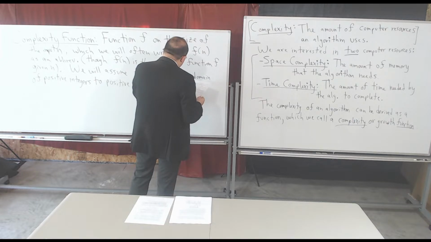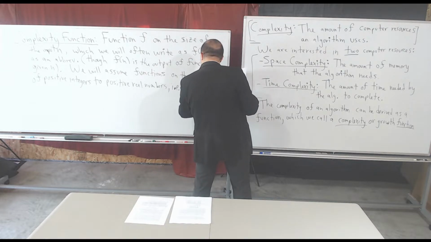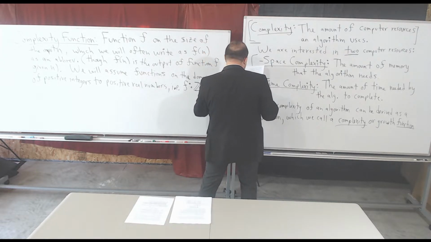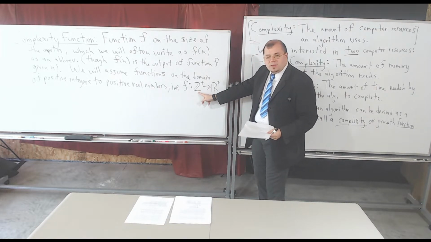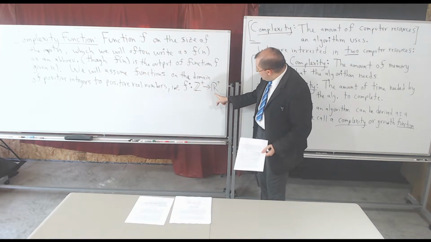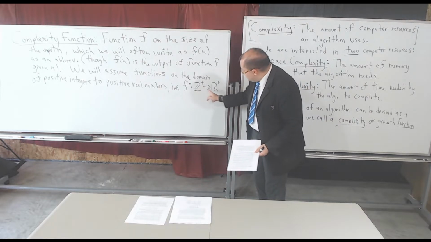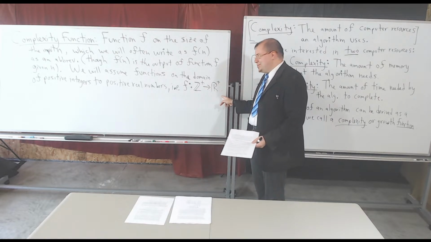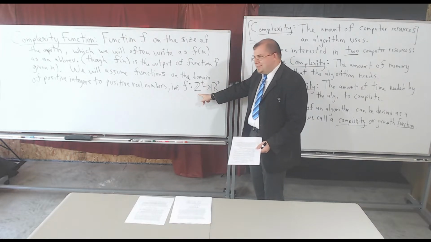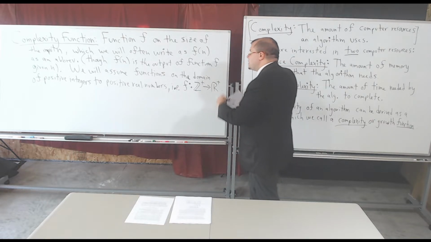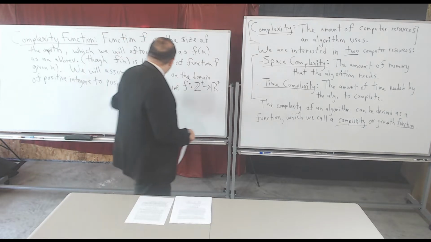More formally, I'm saying that function f takes positive integers and maps them to positive real numbers. This is the set of all positive integers, indicated with this plus. And this is the set of all positive real numbers. This blackboard bold R represents real numbers, things like your decimals and irrational numbers, and the plus indicates that it's positive. Likewise, this is the set of all positive integers, a blackboard Z. So simply, a complexity function is just a function defined in this fashion.